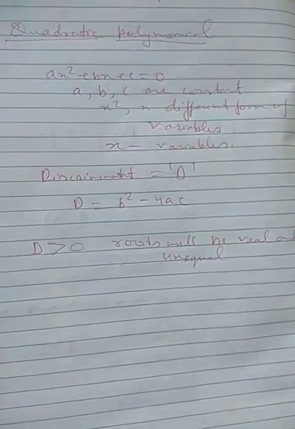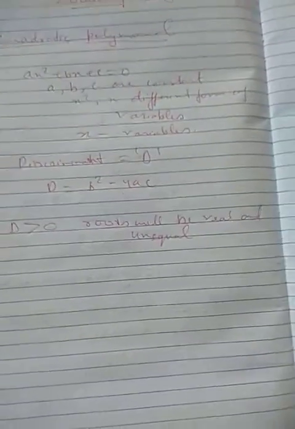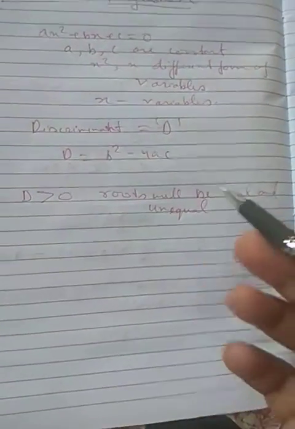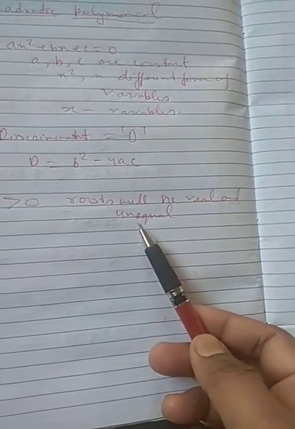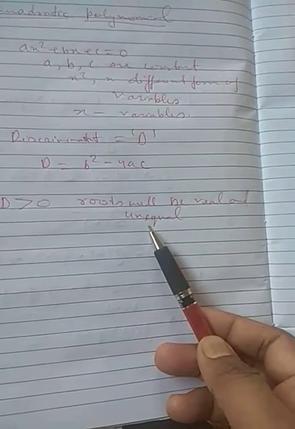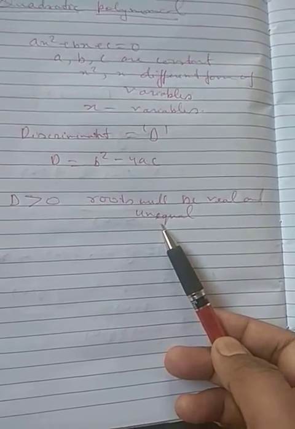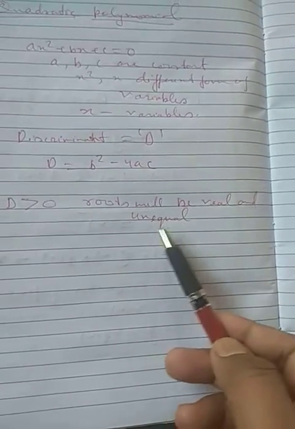Roots will be real and unequal means the value of x will be a real value, and the two values will not be equal to each other.